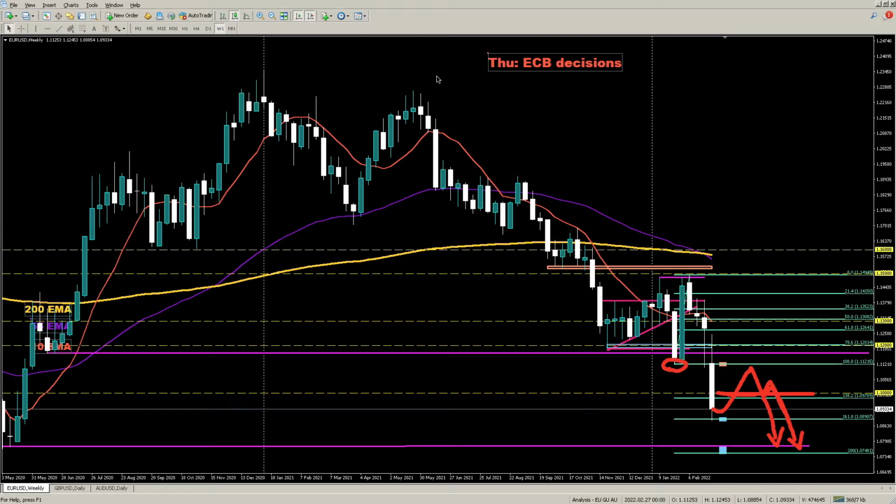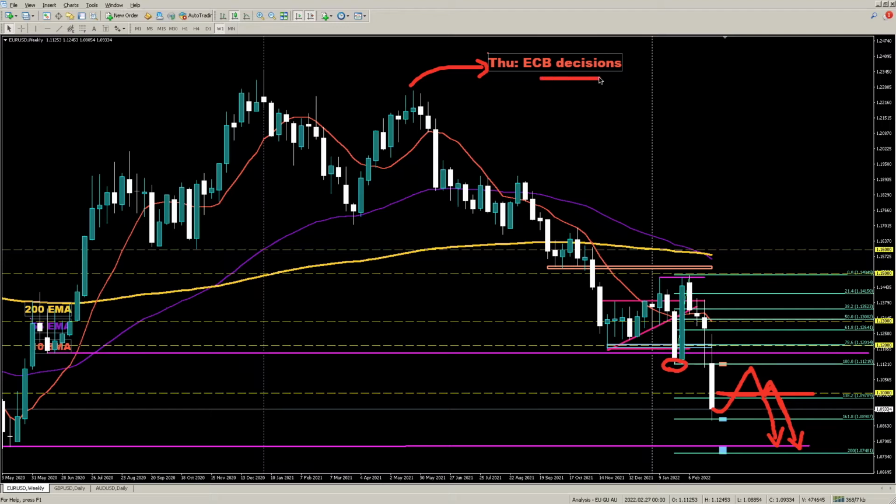Okay, and this week is a key moment as well for the ECB with their meeting and their decisions. They will have a tough task managing expectations, and there's no rate hike in sight yet, but they'll need to either maintain their pace of tapering or accelerate the tapering so that they can complete it earlier.